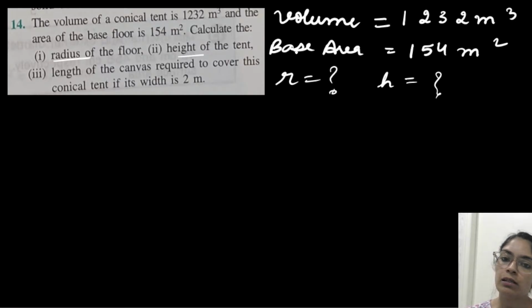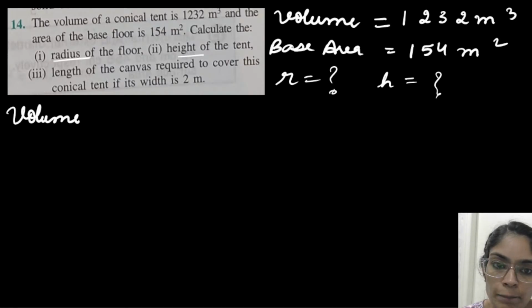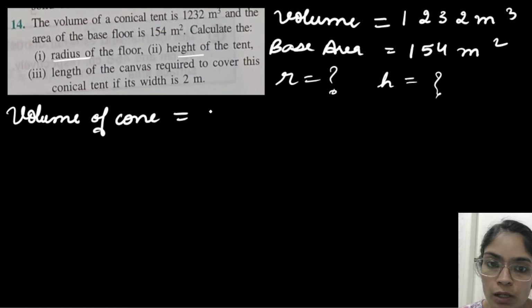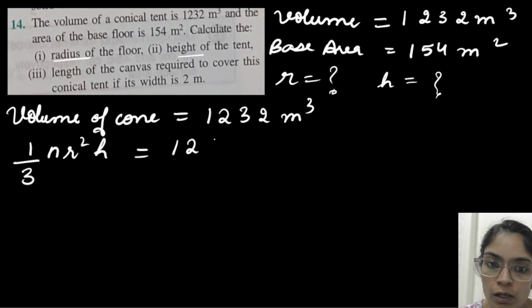So we will start from volume itself, because volume is given to us. So volume of cone is equal to 1232 meter cube. The volume formula I apply is 1 by 3 pi r square h. So this is equal to 1232 meter cube.